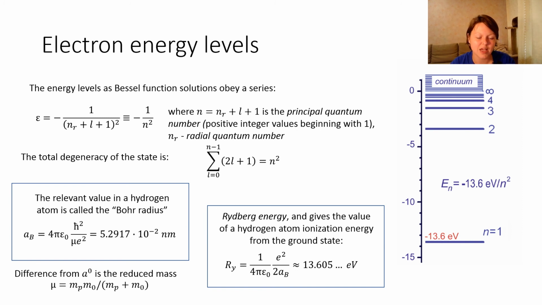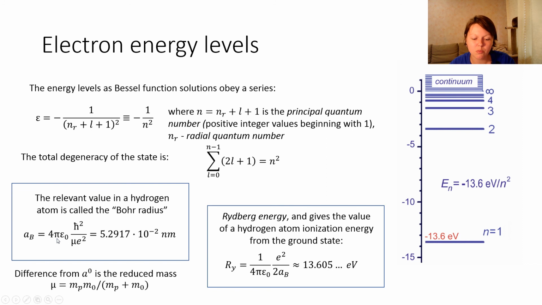So if we try to do this, what do we have? We can calculate some atomic radius of the hydrogen atom, but instead of the mass of the electron, we should use the reduced mass. Why?